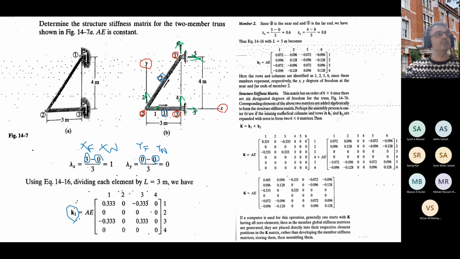Before I continue, if anybody has any question, just raise your hand and I will see that you have a question. I will stop and give the floor to you to ask your question. If you take a look at the top of your Teams, there is an icon named reactions.